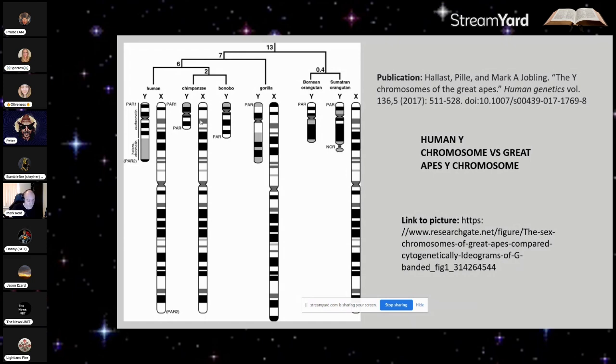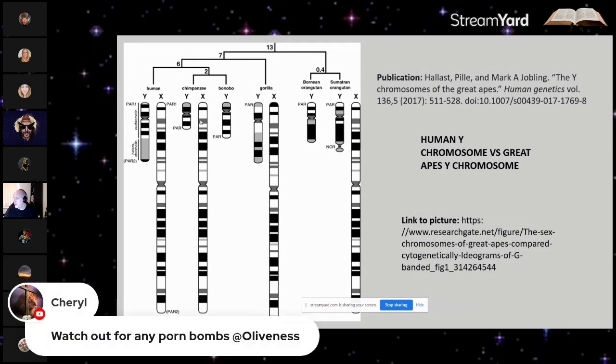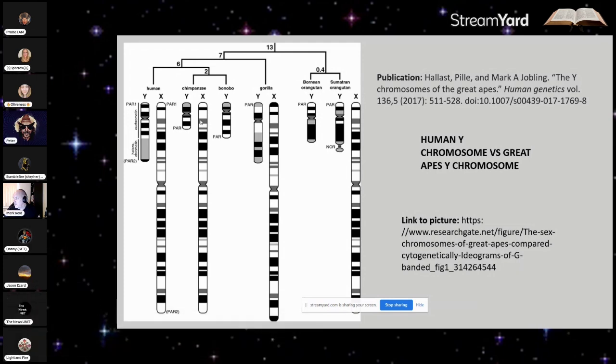But yet every single human male Y chromosome is nearly identical. And so if we go back, let's say 200,000 years to an out of Africa event where coalescence essentially allowed one Y chromosome lineage to make it through to today, we'd expect some highly divergent Y chromosome people groups. And as far as I know, we don't find that on the globe.